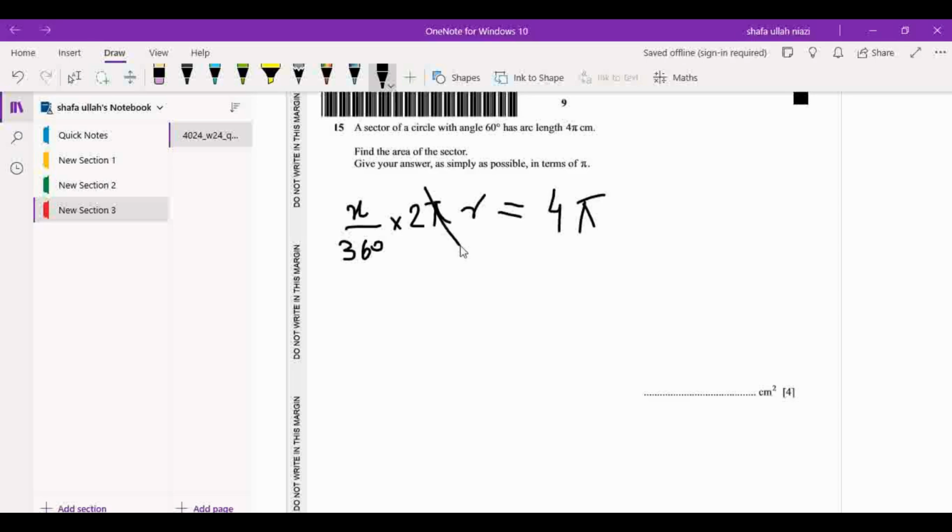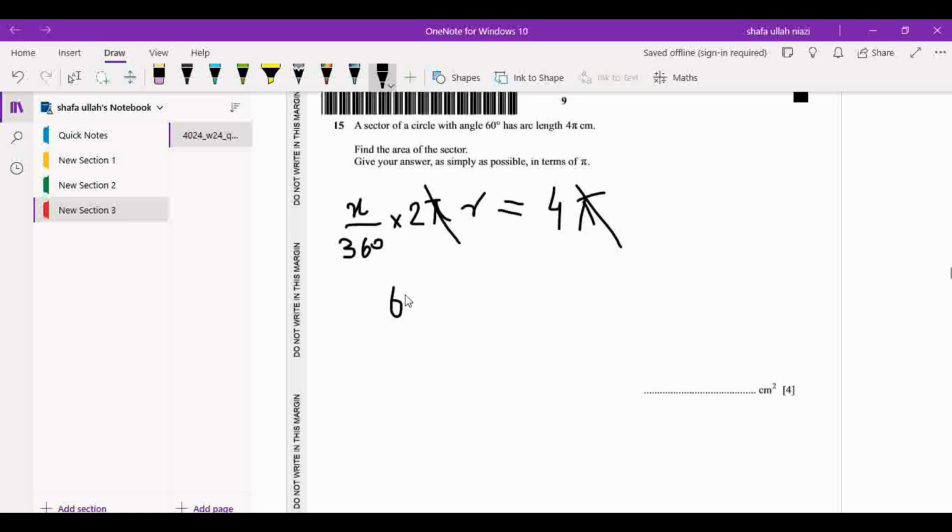So we solve it to find r. Pi is cancelled with this pi and we put the value of x as 60, so we get 60 divided by 360 into 2r equal to 4. We have to find r first.